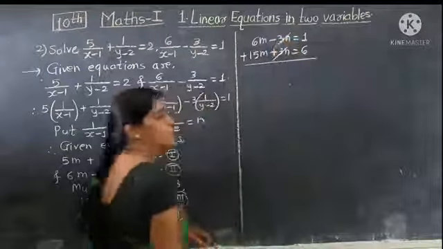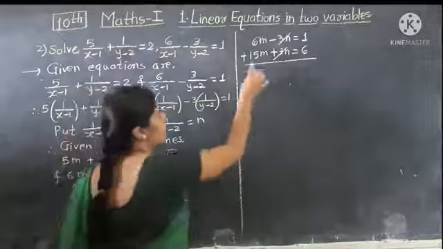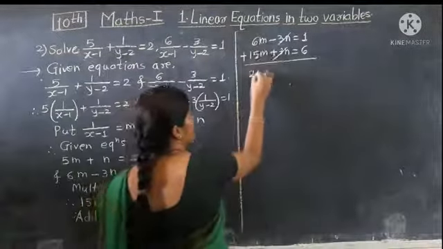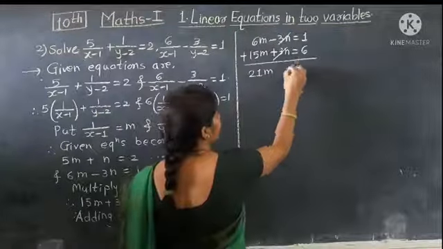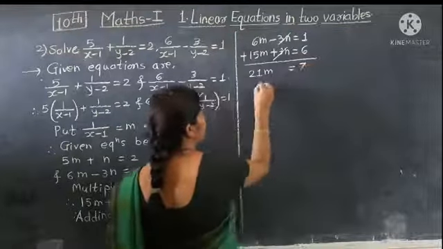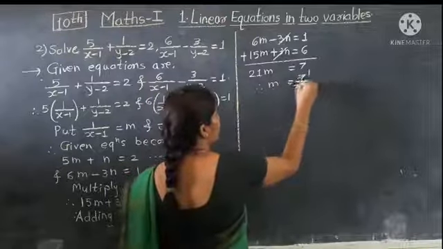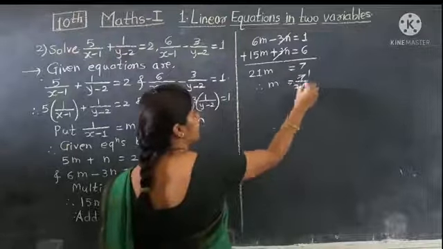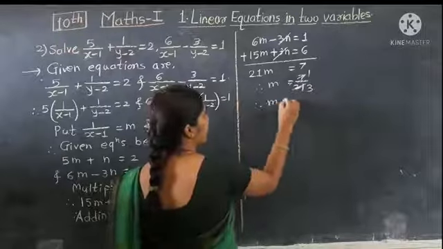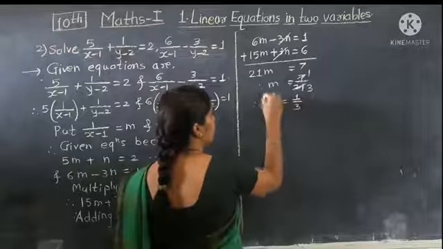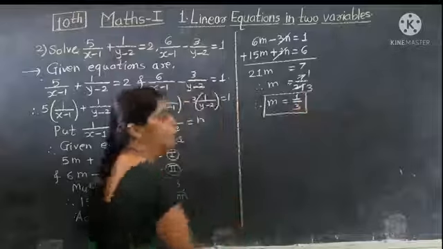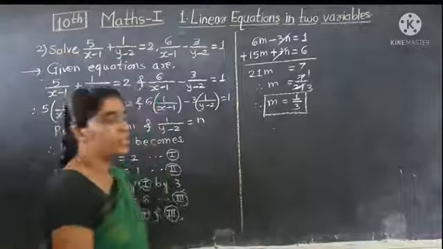And 3n minus 3n gets cancelled. 15m plus 6m is 21m is equal to 6 plus 1, 7. Therefore we get m is equal to 7 upon 21. 7 ones are 7, 7 threes are 21. We get m is equal to 1 upon 3. We get the value of m as 1 upon 3.